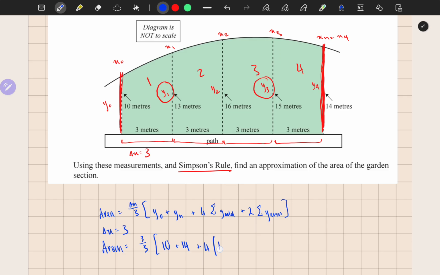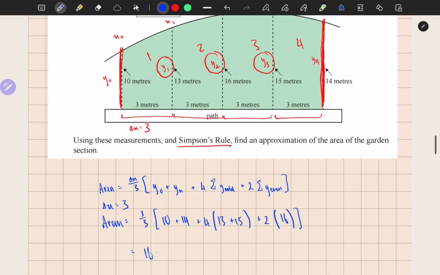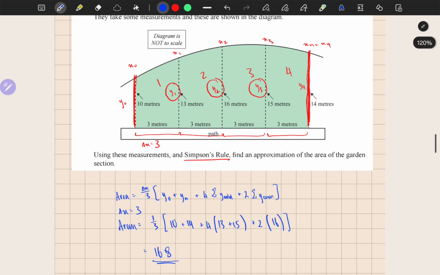So that's going to be 13 meters, plus 15 meters, and then plus 2 times the sum of all of the even y values, which is y of 2 here. So that is going to be 16 meters over there. And if you put that in your calculator, you'll get an answer of 168. And that's it.